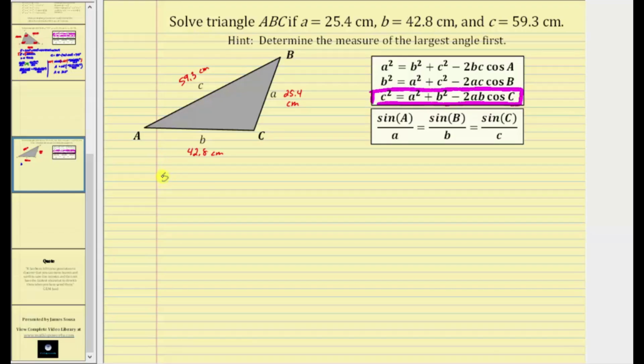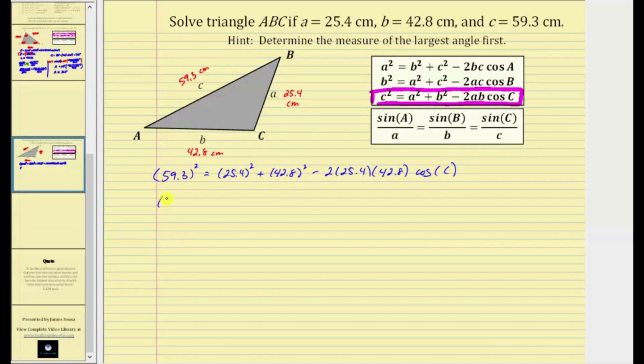C squared, which is 59.3 squared, equals A squared plus B squared, which is 25.4 squared plus 42.8 squared, and then minus 2 times A times B times cosine C, which is 2 times 25.4 times 42.8 times cosine C. I now need to solve this equation for cosine C. So let's first subtract 25.4 squared and 42.8 squared.